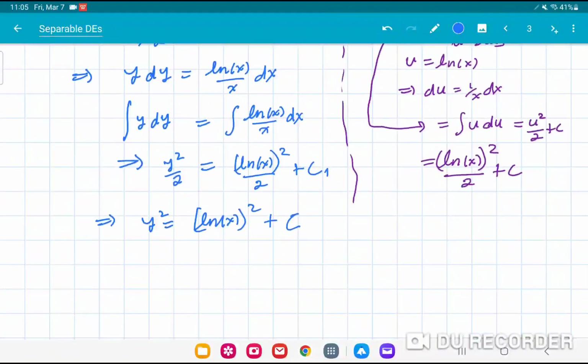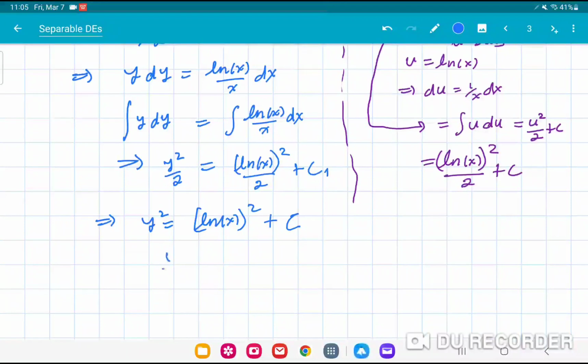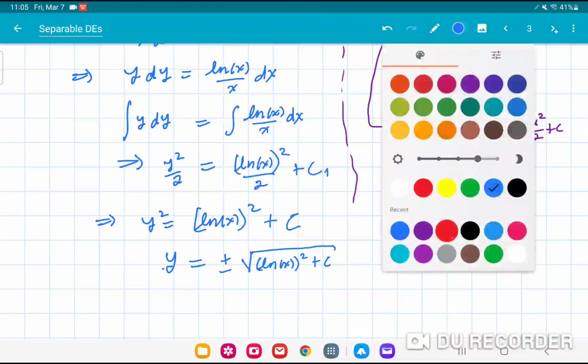So solving for y, we're going to take the square root, but this time it's plus or minus the square root of natural log of x quantity squared plus c. That's the solution.